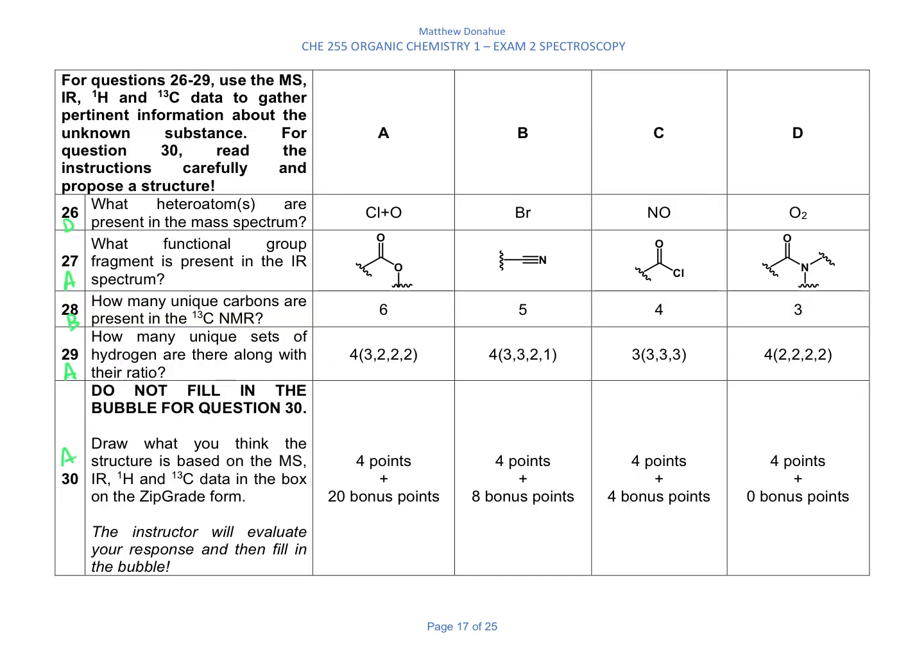We can use these final questions to help us answer it. So a bit of a correction on the correct responses over in this column here. 26, we know from the mass spec, there's a nitrogen, so we eliminate oxygen O2, Br, ClO, so we have NO. What functional group is present in the IR?